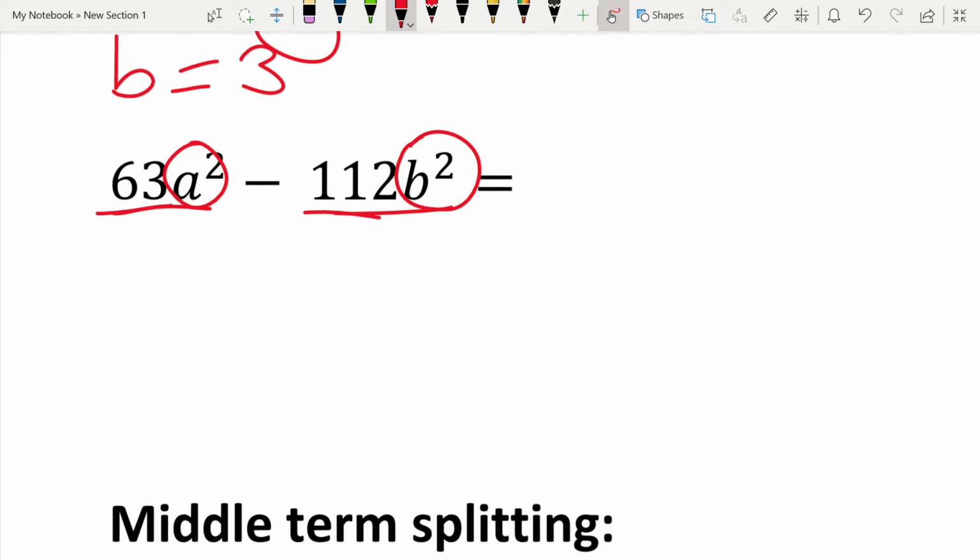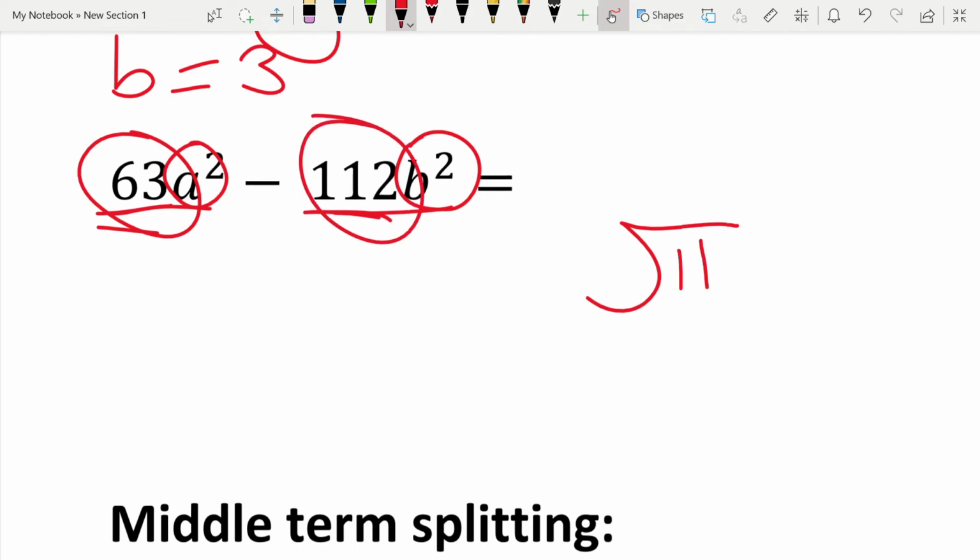So, let's see. 63, what's common in these two? We've got 7 for that, but will 7 go for that? Let's see, 7 times 1 is 7, 7 times 9 is 63, and this goes down to 16 as the answer for that. 16, remember 16.